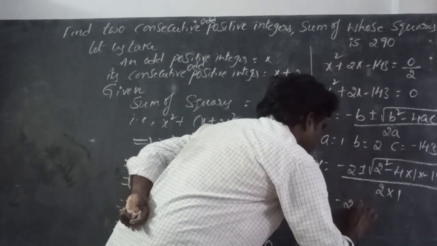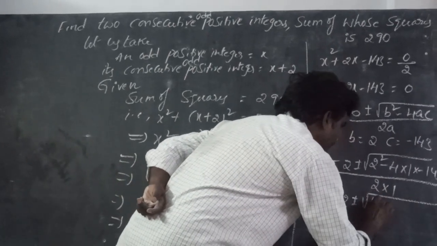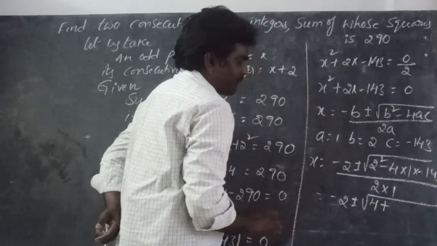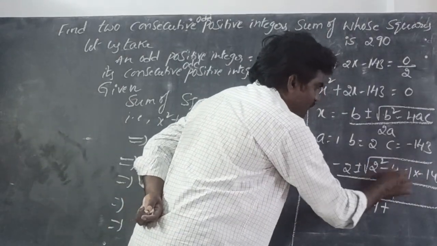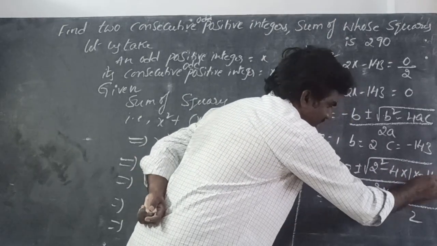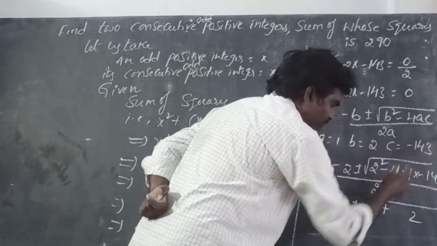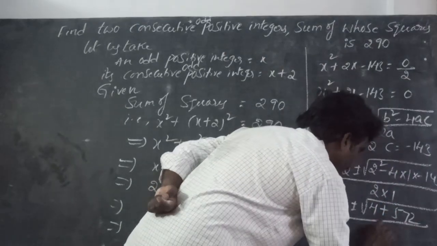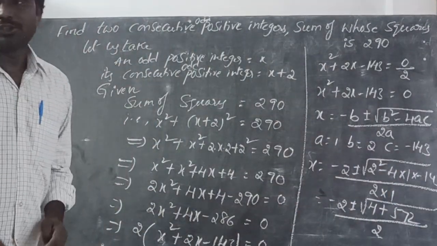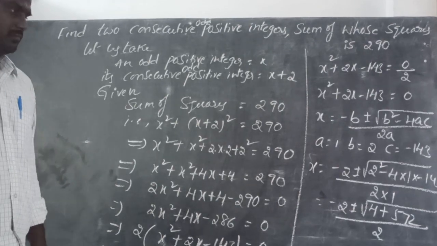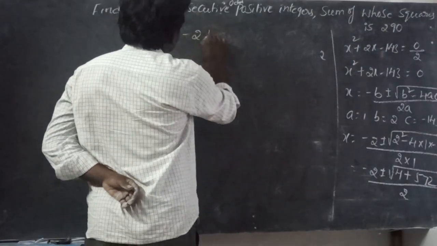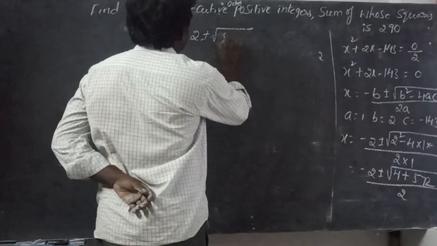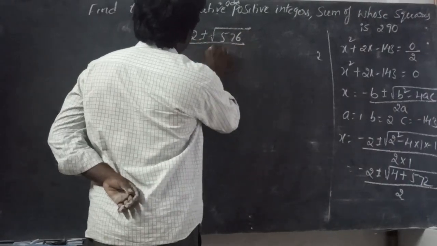So minus 2 plus or minus square root of 4 plus 4 into 143. 4 into 143 is 572. So x is equal to minus 2 plus or minus square root of 576, by 2.